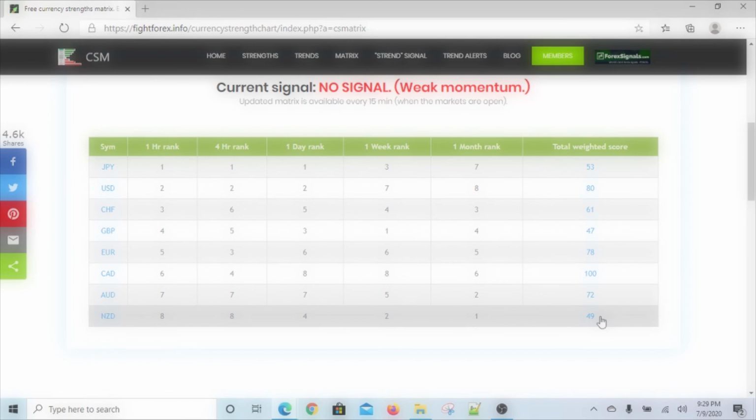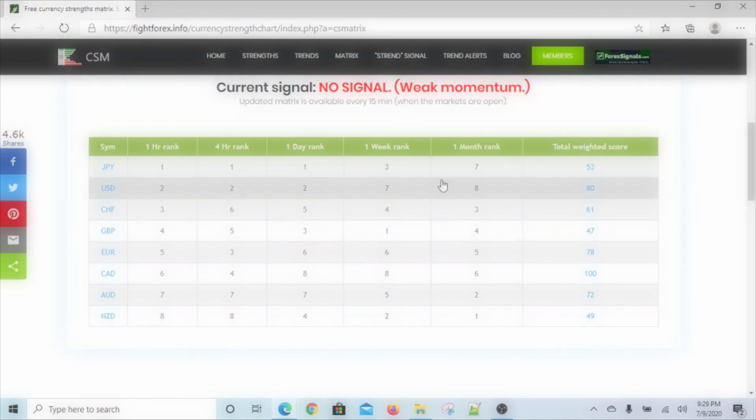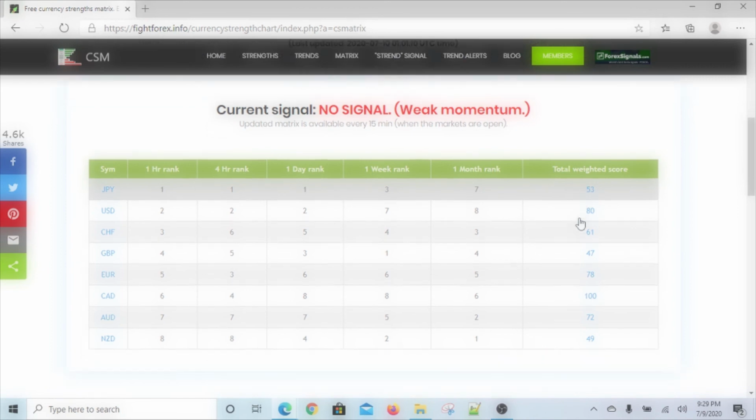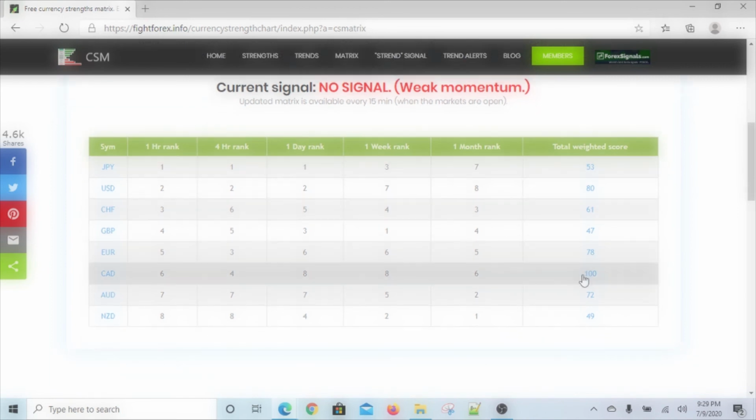If either of those two scenarios happens, then we give out the signal. Otherwise, we just say that there's not enough momentum, and hence there is no signal. That's a scenario that happens every once in a while, like it's happening now. As you can see, there's no currency with a score below 25 or more than 105. That's why there is no signal.